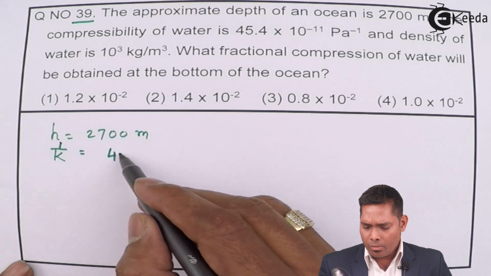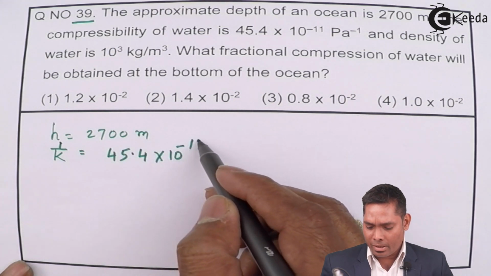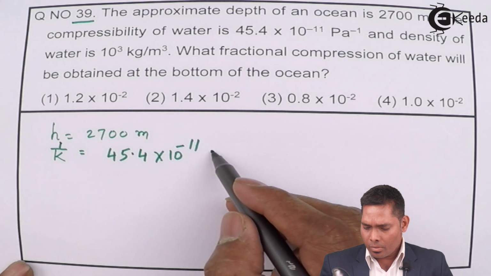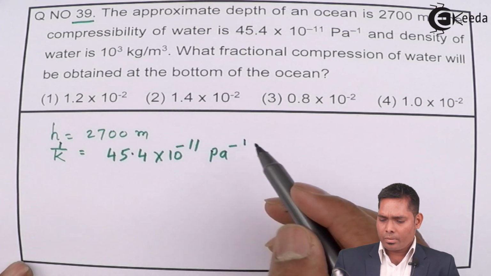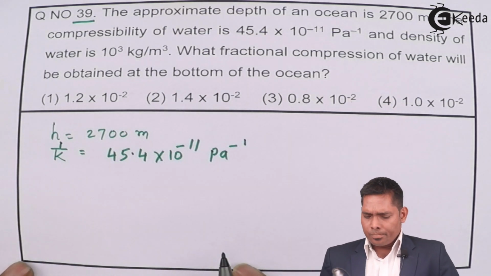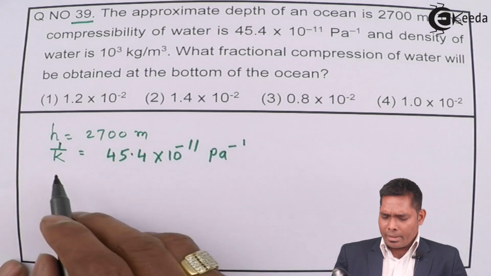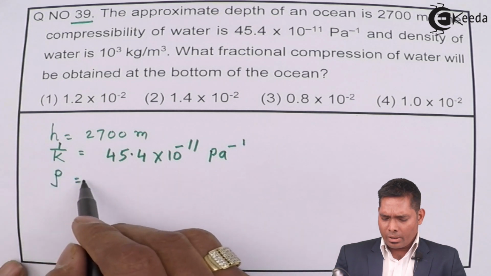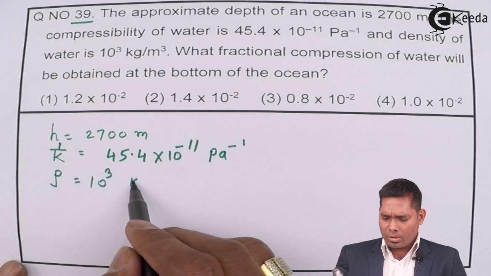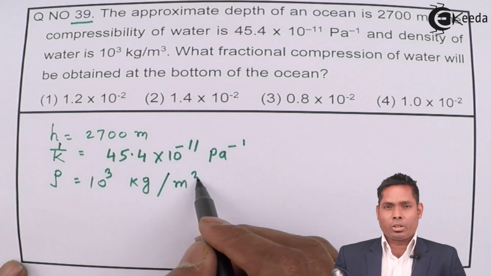It is 45.4 times 10 raised to power minus 11 Pa minus 1. Okay, and density of water is 1000 kilogram per meter cube.